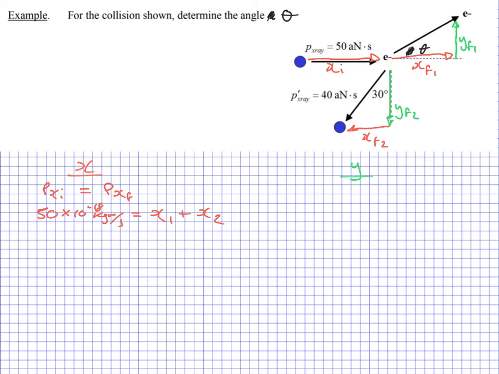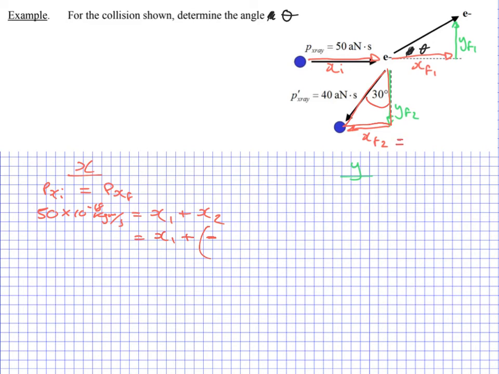Okay, now what are those? Well, let's put those in. x1 is going to be what we're looking for, so I'm going to leave that as x1, but I have to add x2. Now x2 is going to be in the negative direction, so I need to make sure I keep track of that, and it's going to be the opposite side of this triangle here.